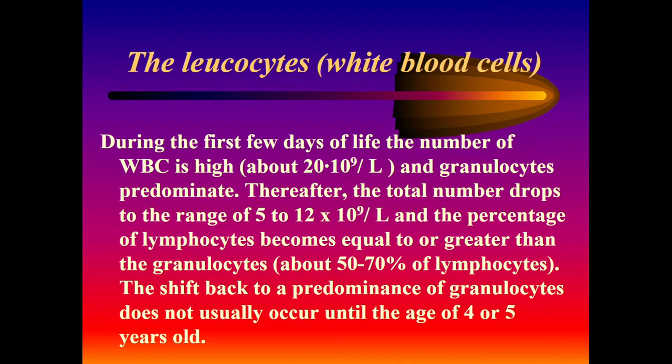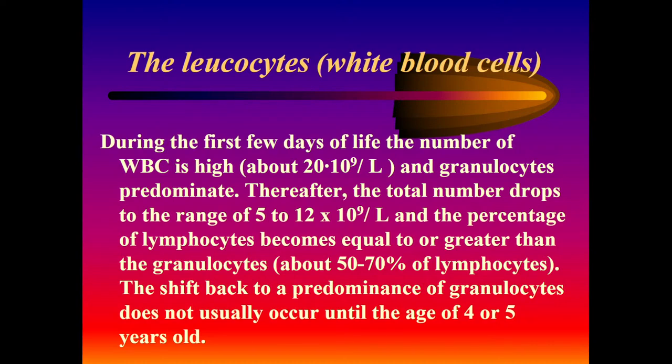You can see in these slides that during the first few days of life, the number of white blood cells is high, about an average of 20 times 10 to the 9th per liter, and granulocytes predominate.